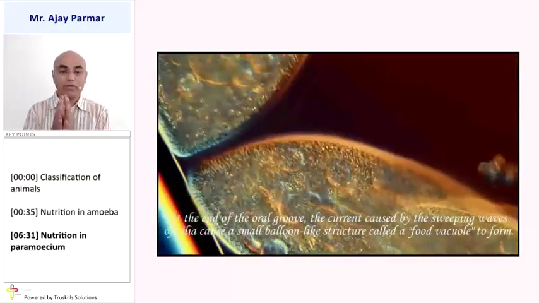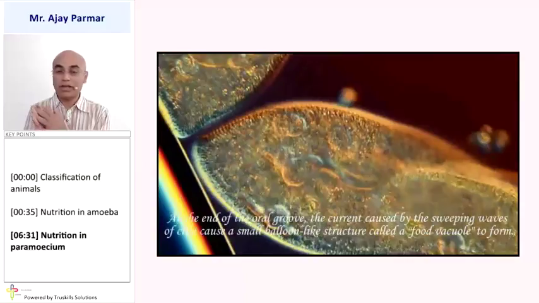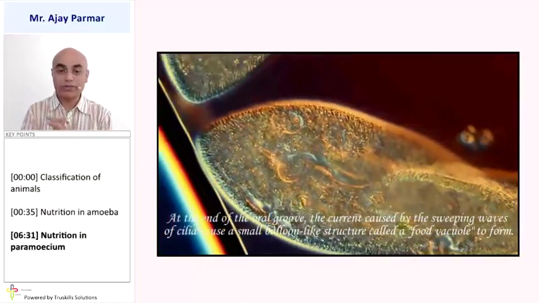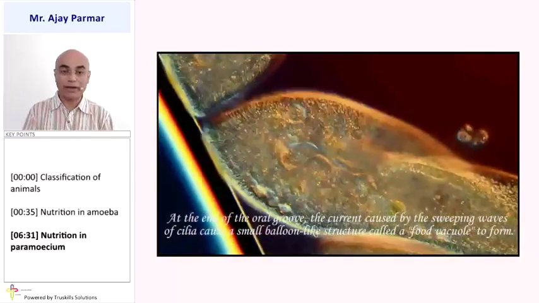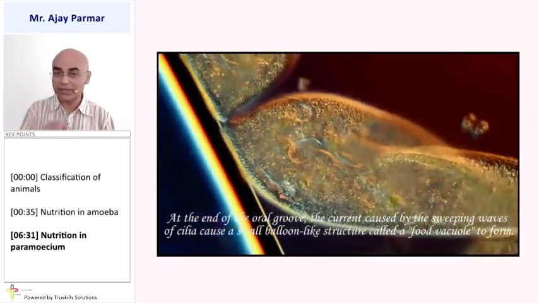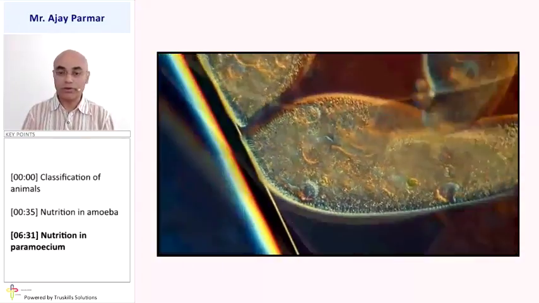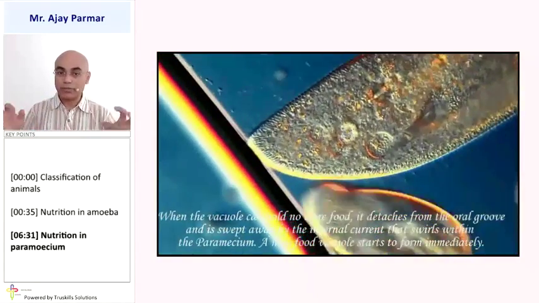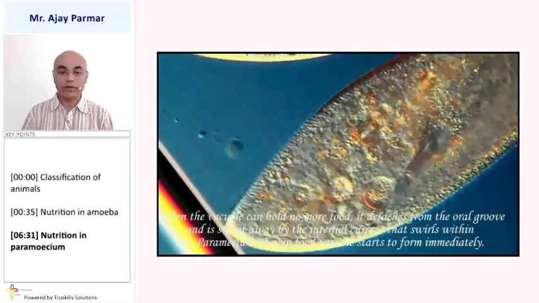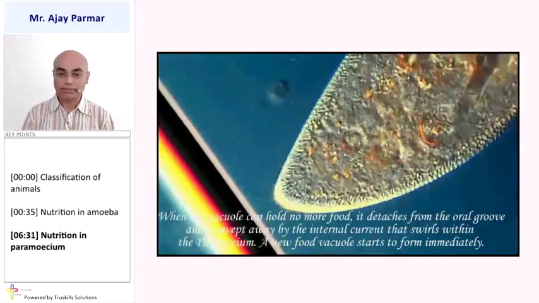As soon as the food is taken in, a current is caused by the sweeping wave of the cilia surrounding those particles. As you can see, some hair-like structures are observed on the body of paramecium, and those hair-like structures help to bring the food inside the body of the paramecium.